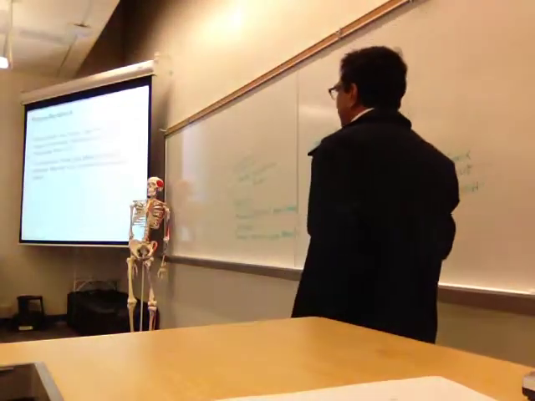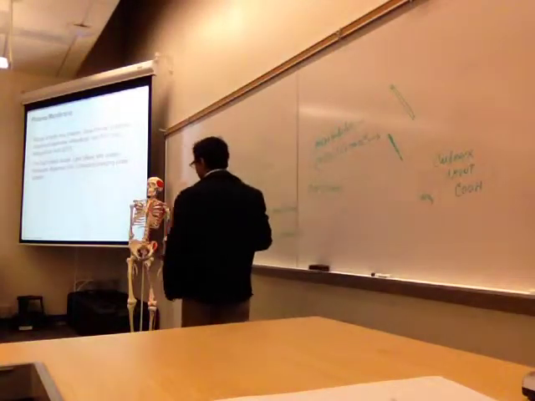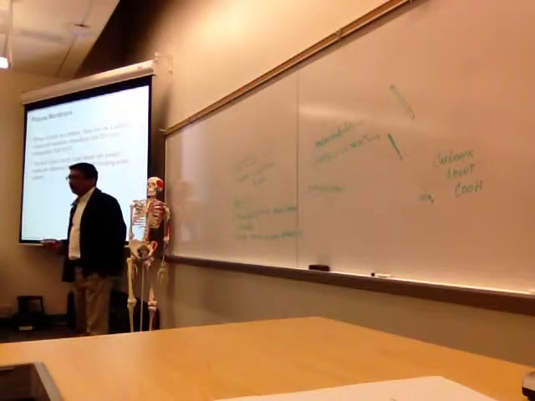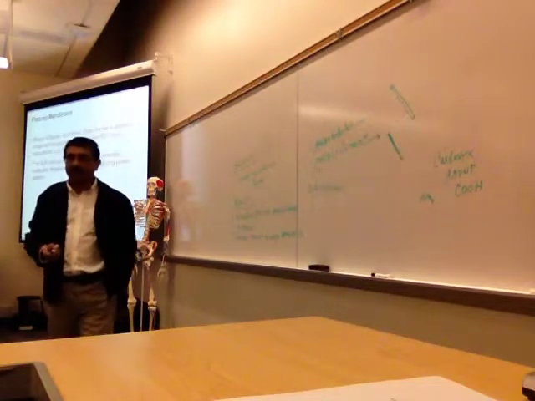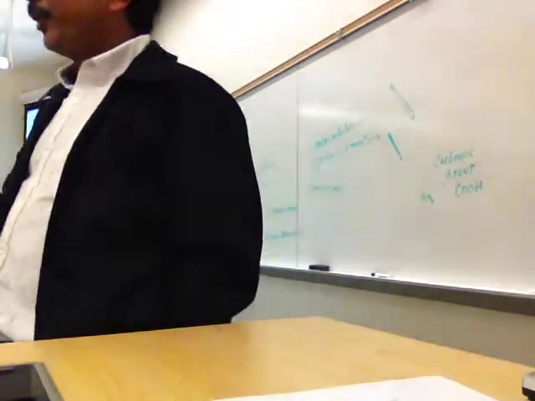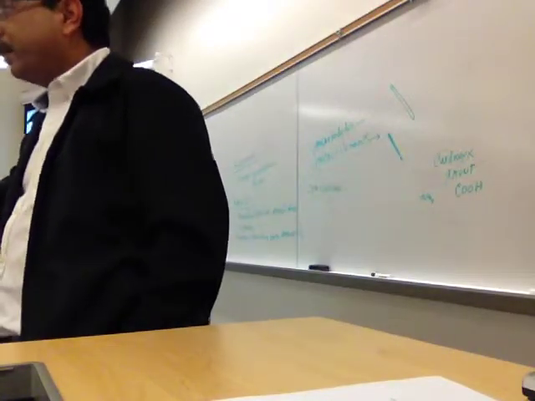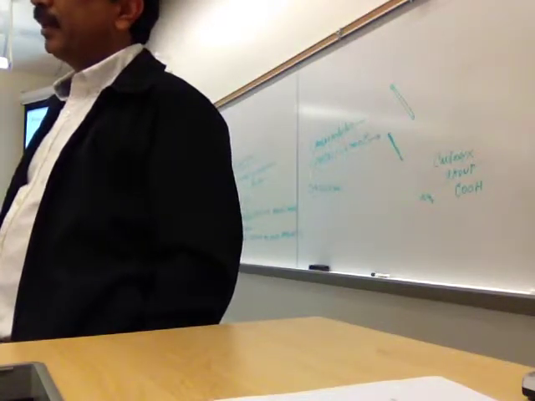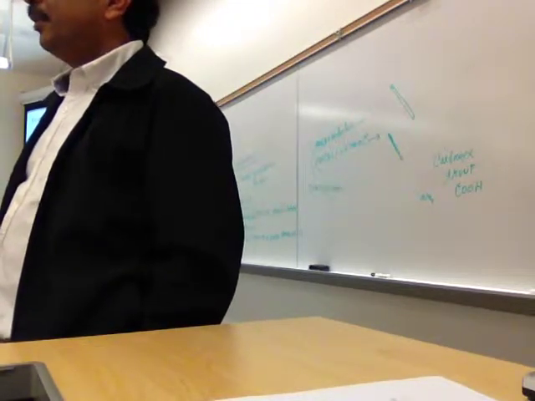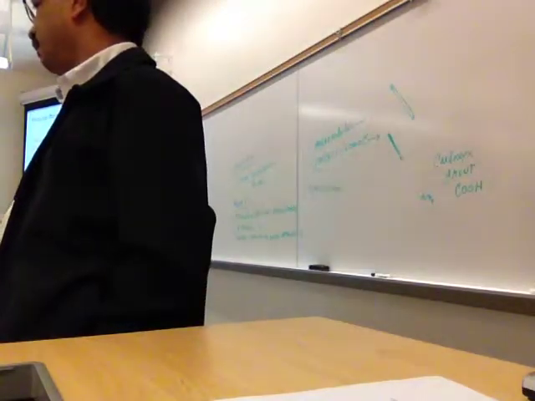Cell membrane or plasma membrane. Plasma membrane performs a couple of important functions. One is giving the boundary of the cell. Number two, giving the shape of the cell.